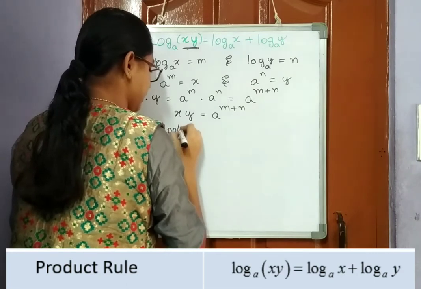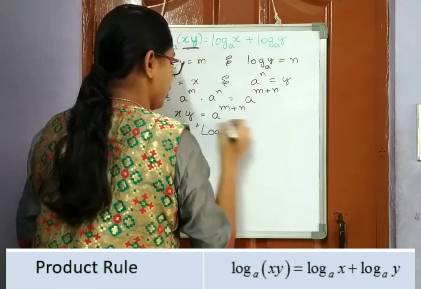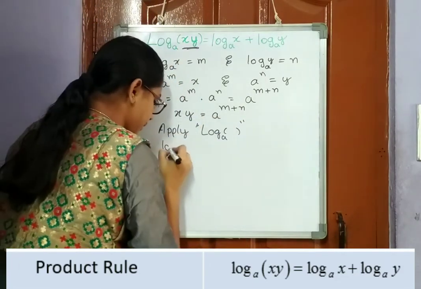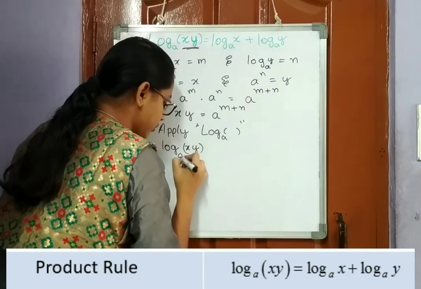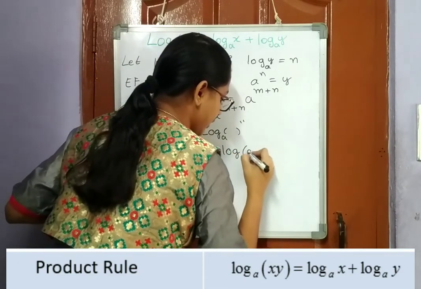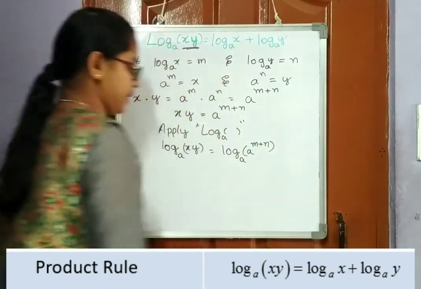Apply log to the base a on both sides. Applying log to the base a on both sides, we will get log xy to the base a equals log of a to the power of m plus n to the base a.